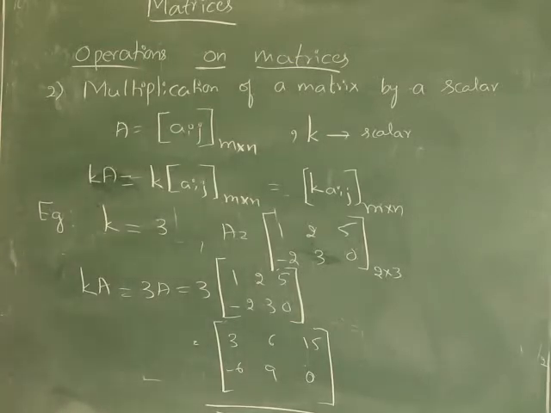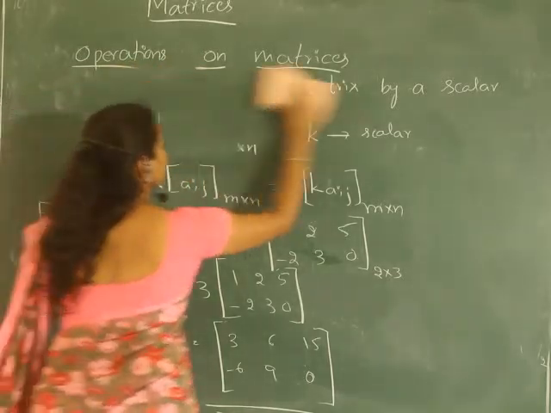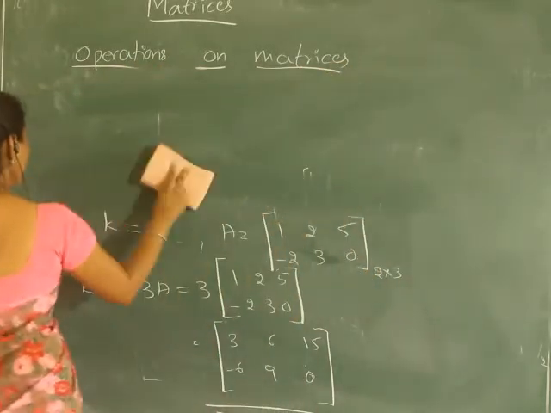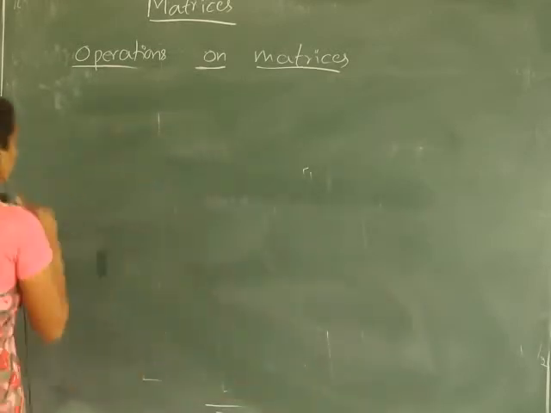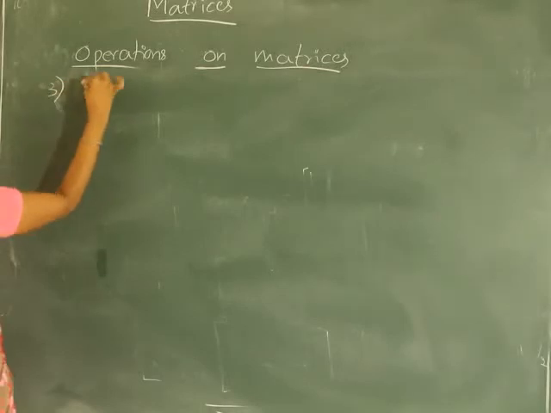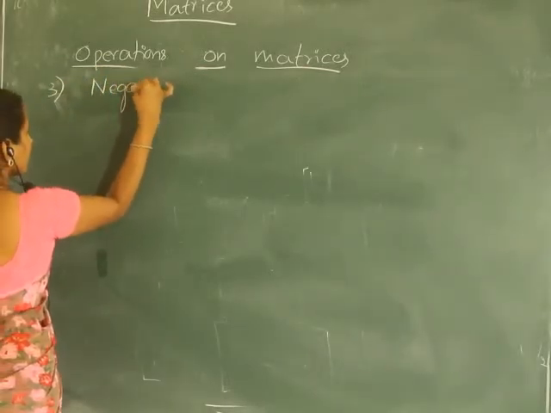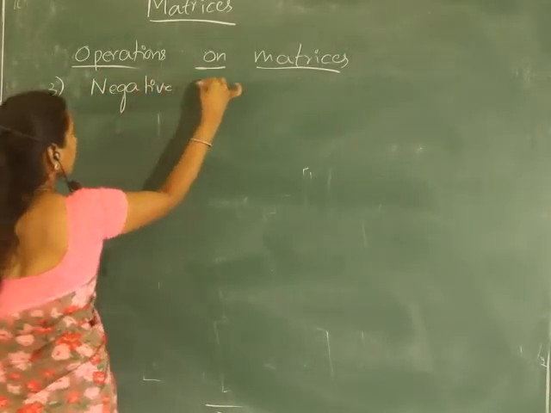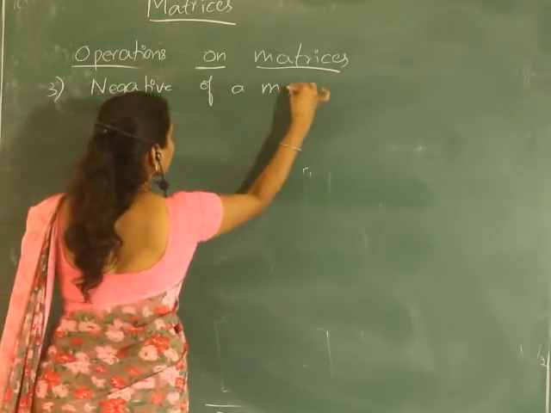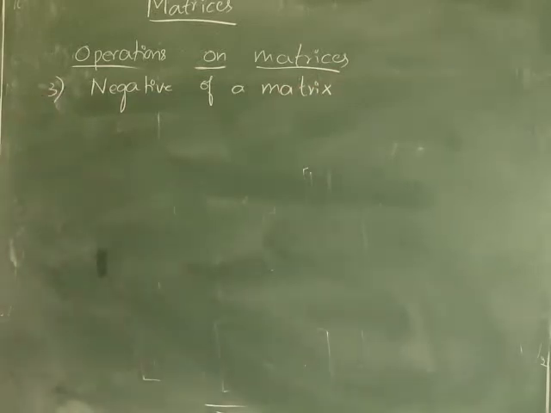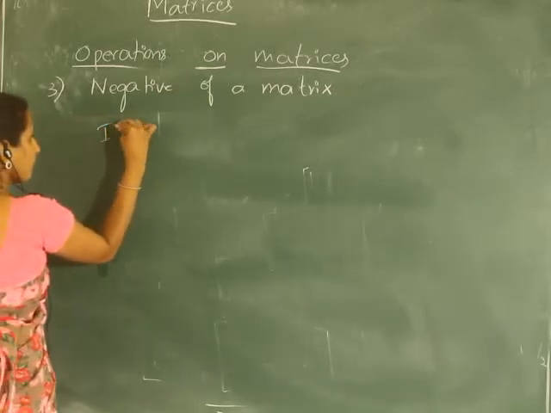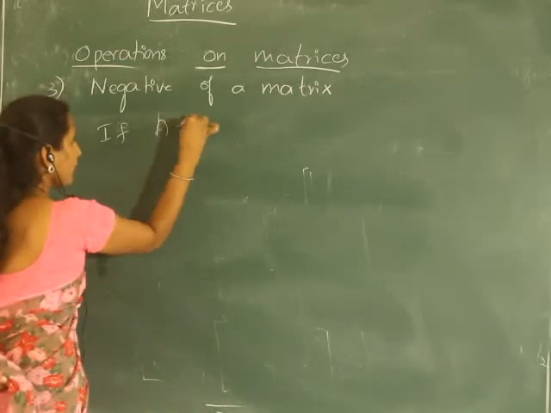So the next operation will be the negative of a matrix. What does the negative of a matrix mean?